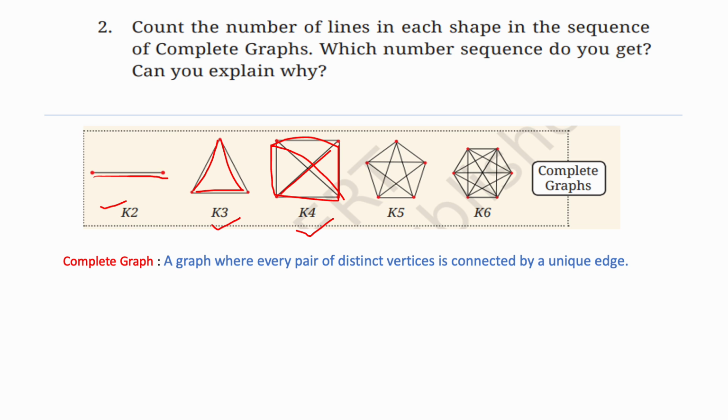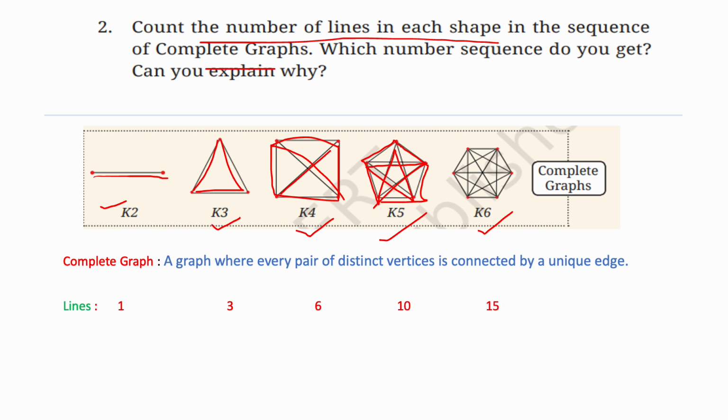You can see there are 10 edges. 5 vertices and 10 edges. K6, there are 6 vertices and how many edges? 15 edges or lines.